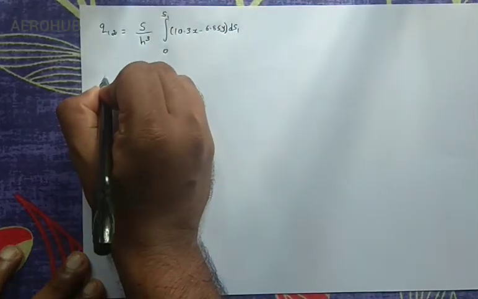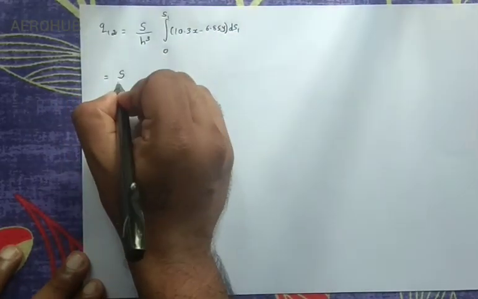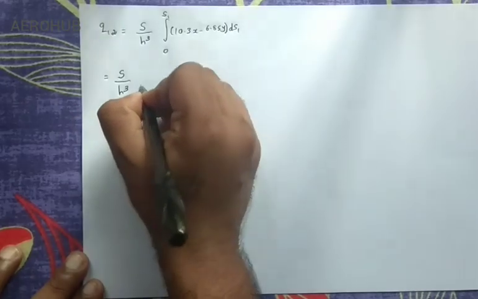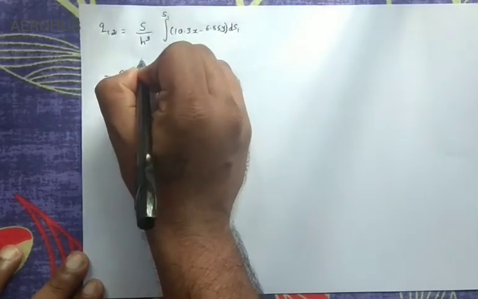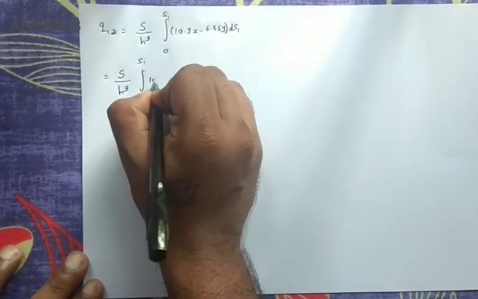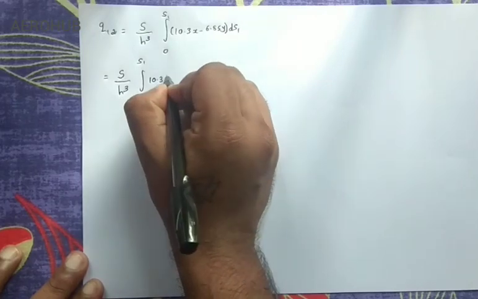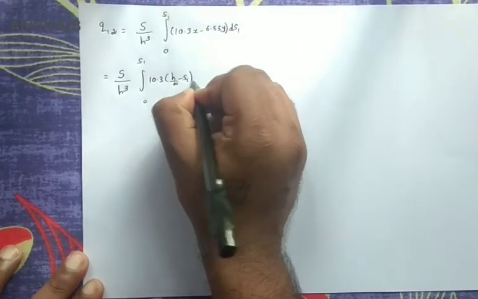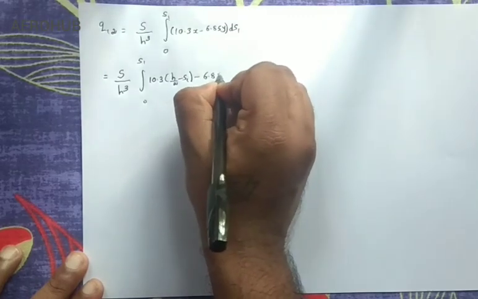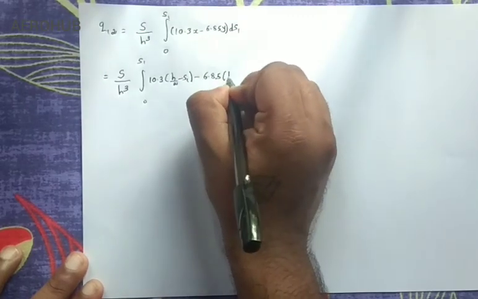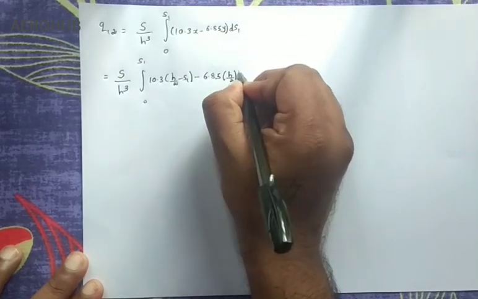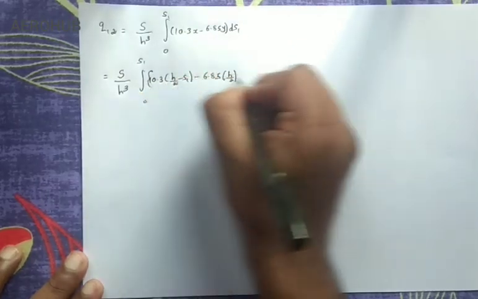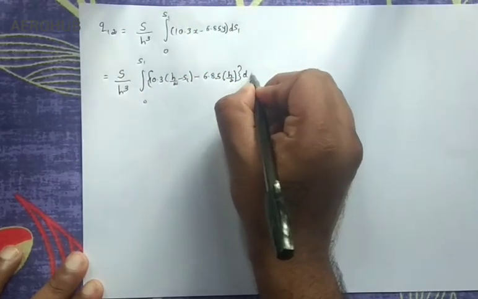So this will become S by h cube, integral 0 to S1, 10.3, and the value of x is h by 2 minus S1, minus 6.85, then the y value is h by 2 for portion 1-2, into ds1.